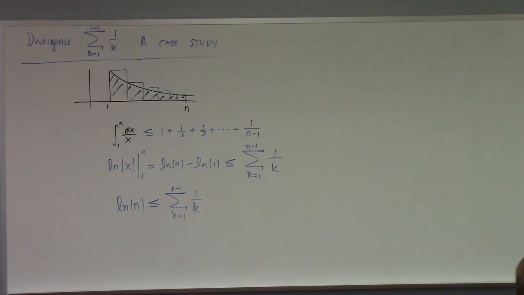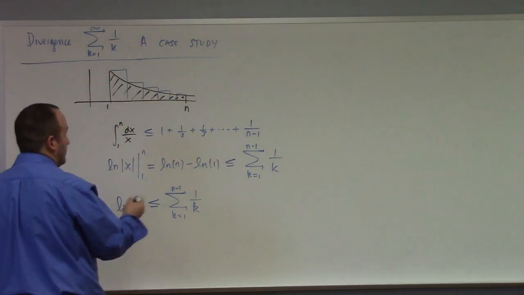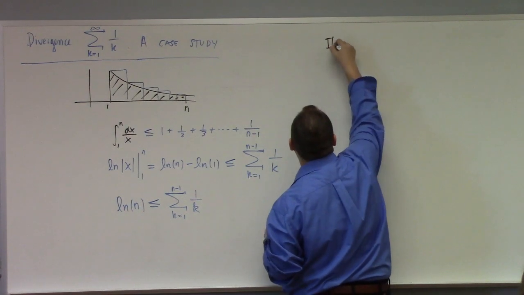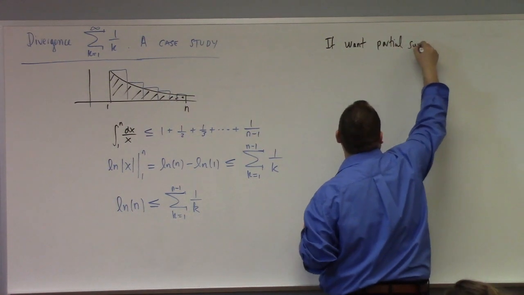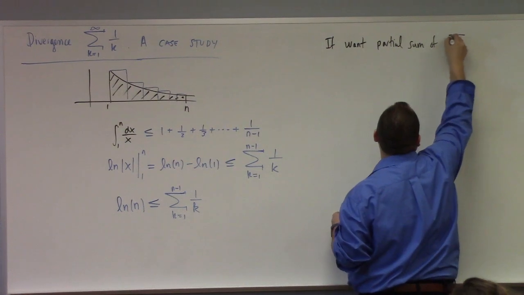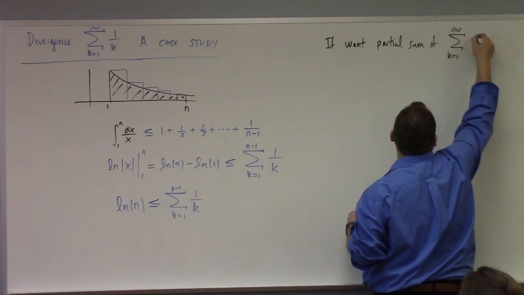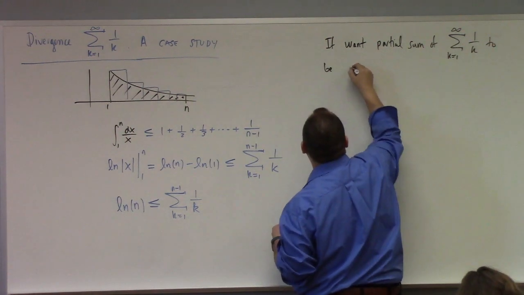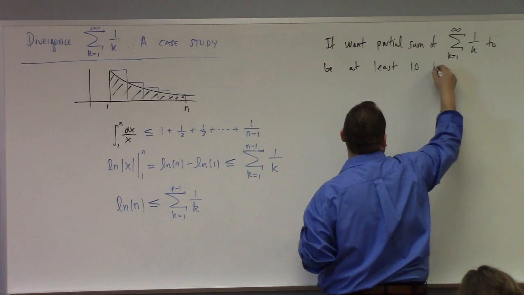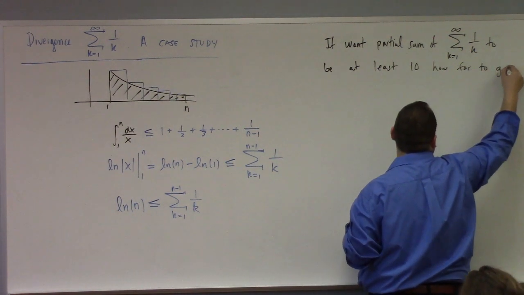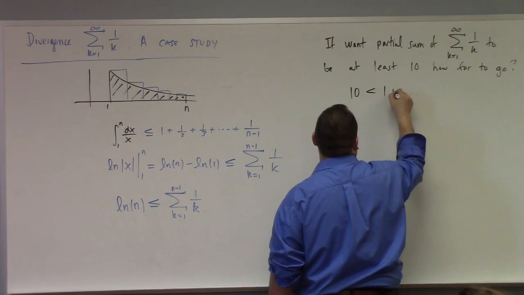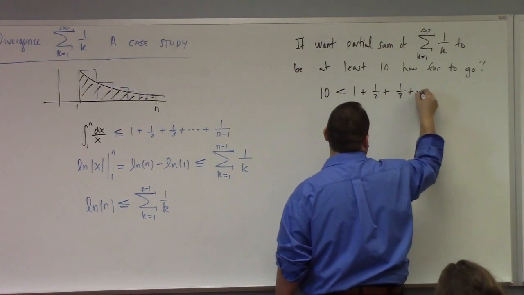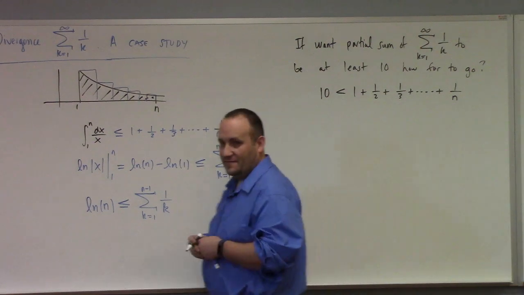Suppose you wanted to find how many terms in the harmonic series it would take to get the partial sum to at least 10. How far should you go? In other words, I want 10 to be less than 1 plus 1/2 plus 1/3 and so on.